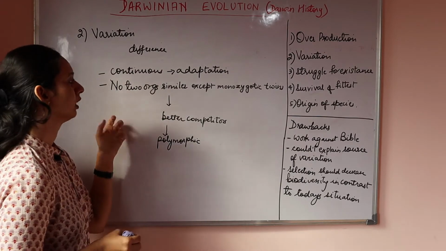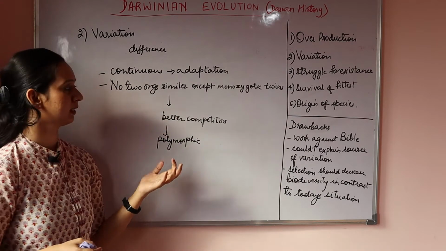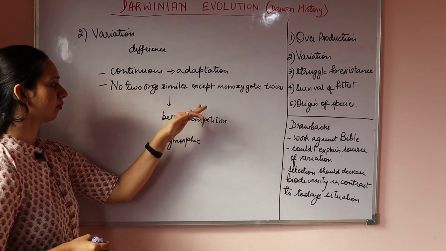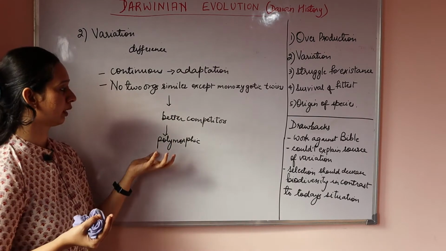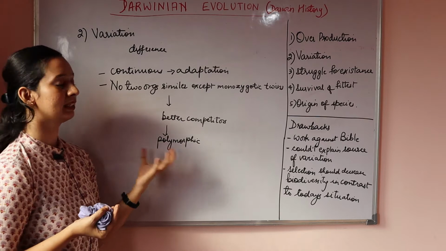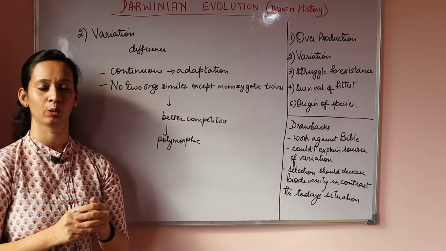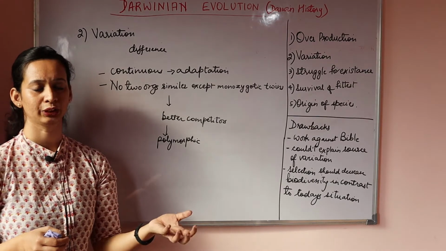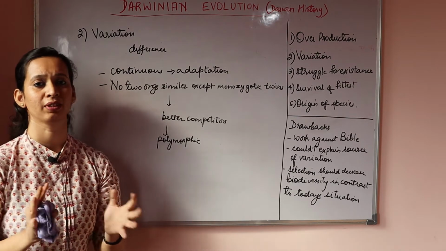That is the first thing. As I said, no two organisms are similar except monozygotic twins. And why is all this required? Because it helps us to become a better competitor, which leads to a polymorphic condition. Polymorphic condition means one condition which has several forms.